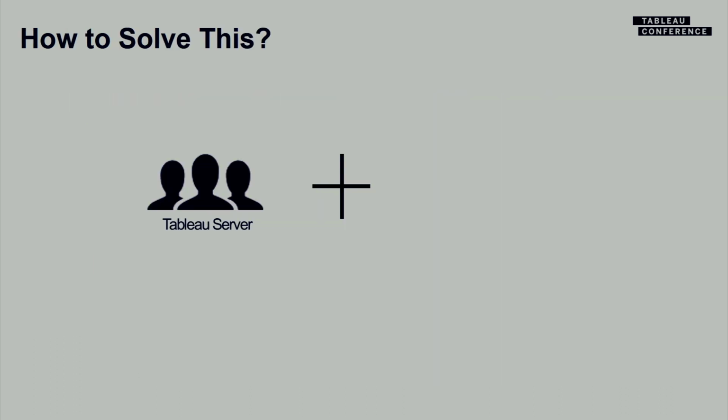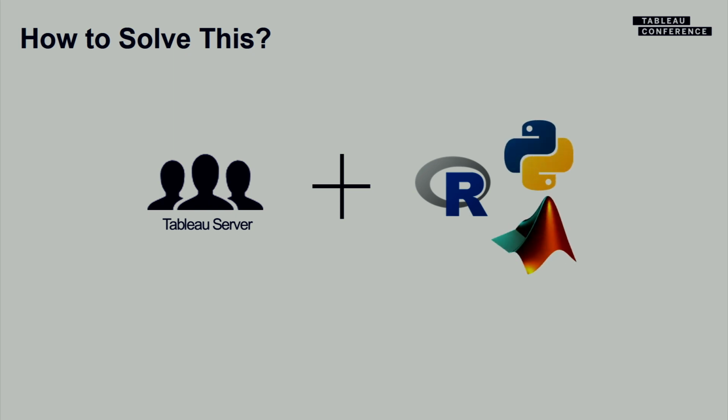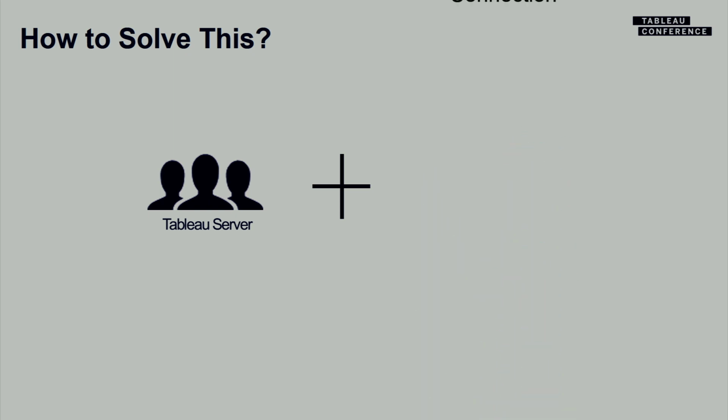Now, how do we then propose to solve this? On the one hand, there's Tableau Server. It's the platform that you probably already use for data and insight collaboration in the organization. And we would just propose that by hooking that up to R or Python or MATLAB, whichever language you prefer, basically using one of our external service connections, you can unlock that potential together.